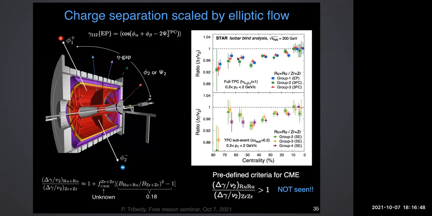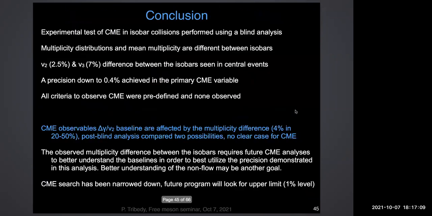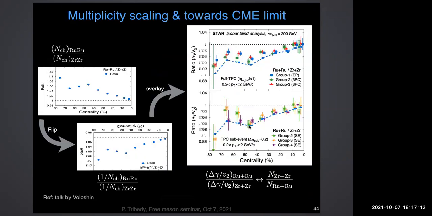Indeed, when you have the sub-event method, which means alpha and beta are from one half of the TPC and the plane, the green, is from the other half, we know this has less non-flow. That's why, in the last slide, the fact that in this case 1 over multiplicity is consistent with the charge separation makes us much more confident, in the sense that we know the non-flow is more controlled here.